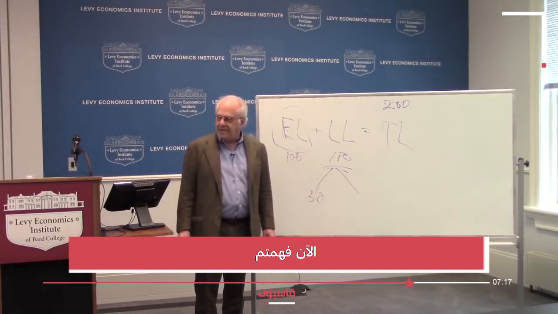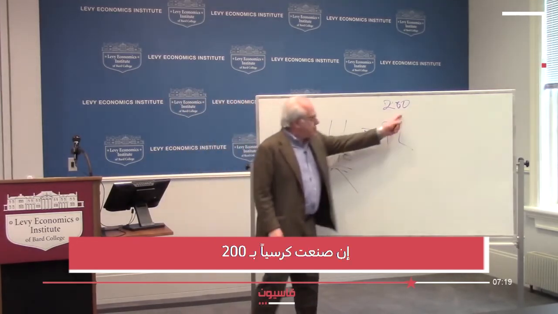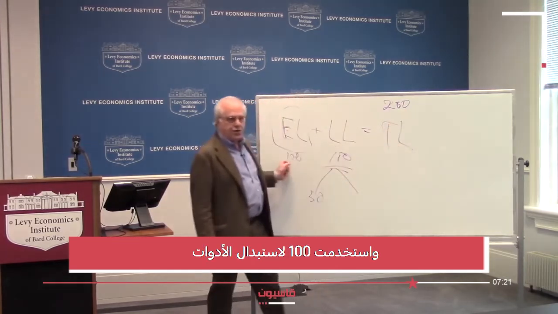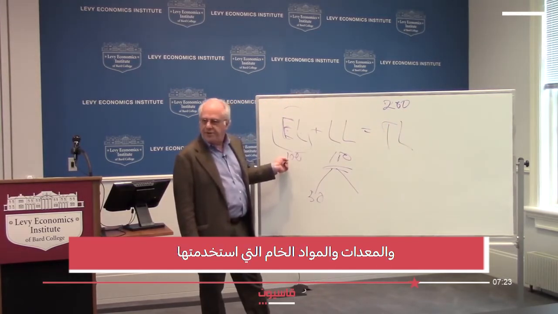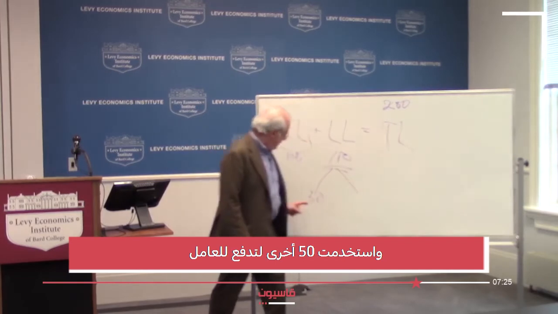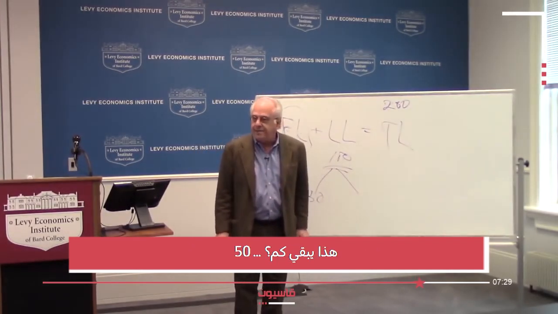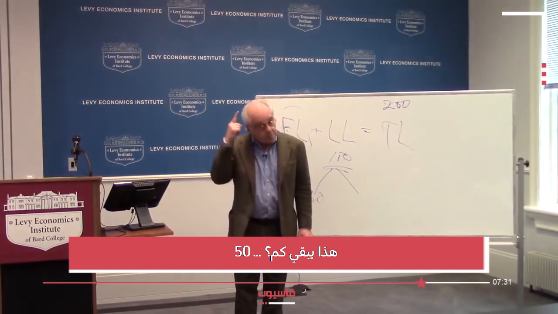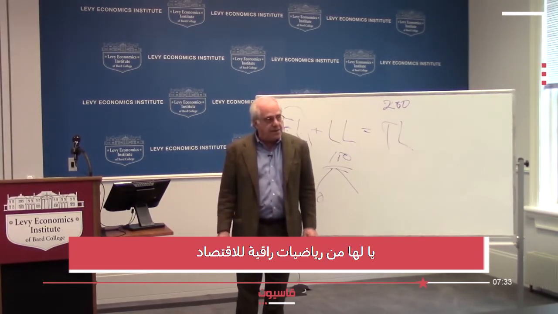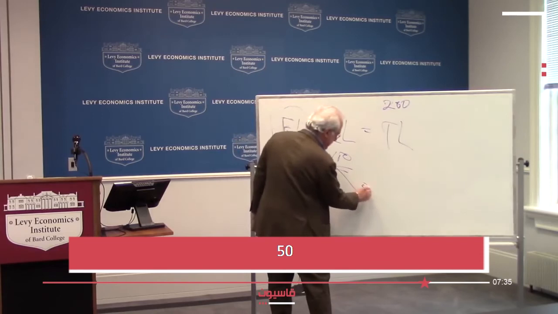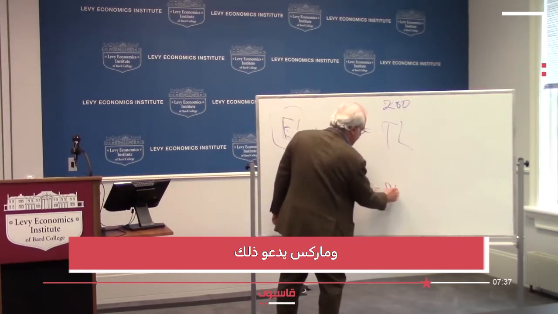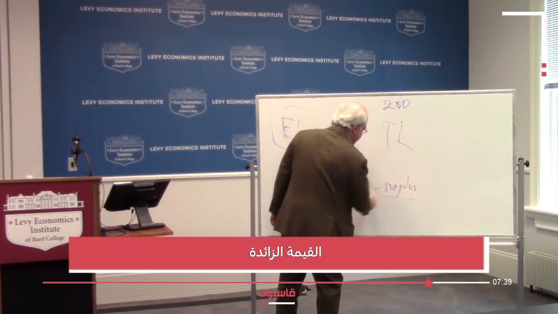Now you get it. If you made a chair of 200 and you used 100 to replace the tools, equipment, and raw materials you used up, and you used another 50 to pay the workers, that leaves what? 50. Good. Higher math of economics. 50. And Marx called this the surplus.